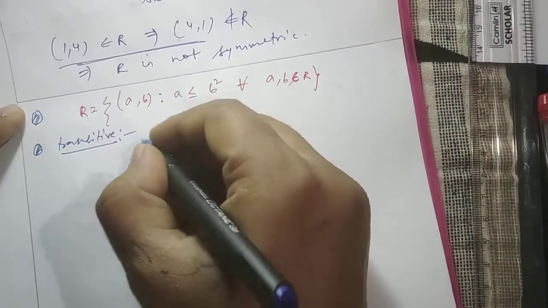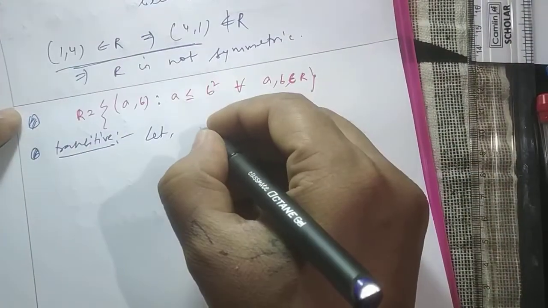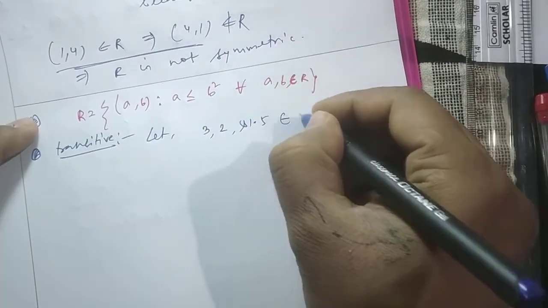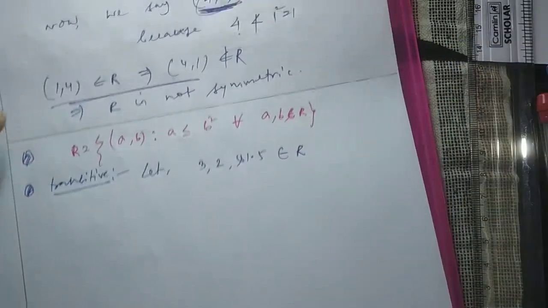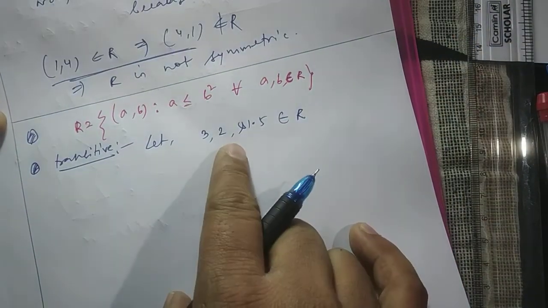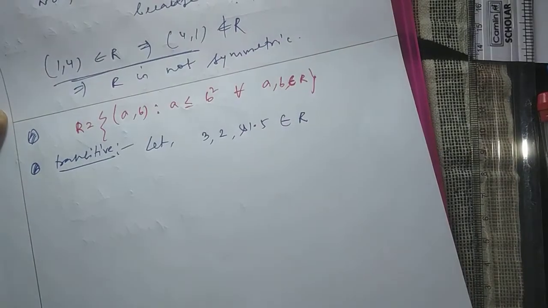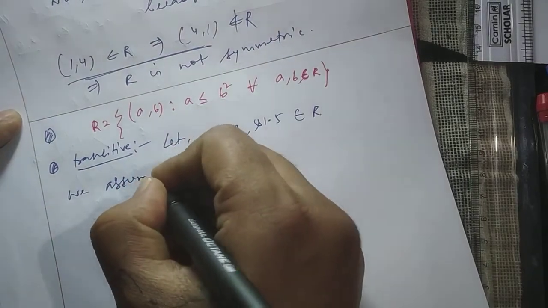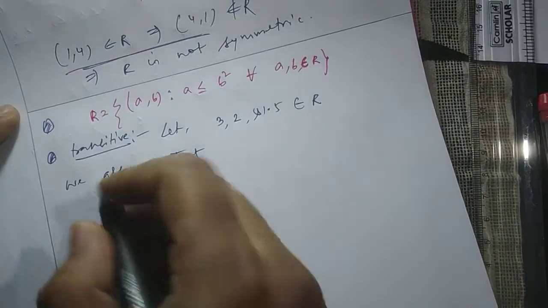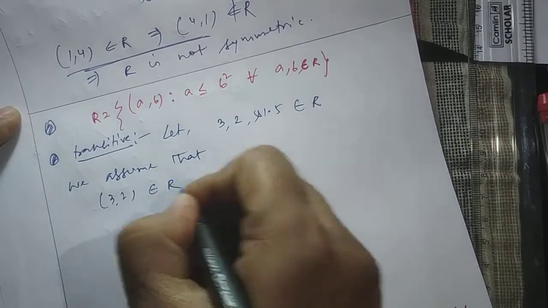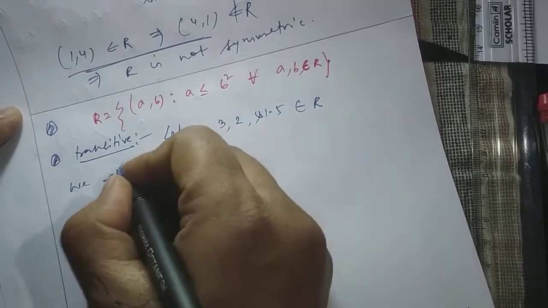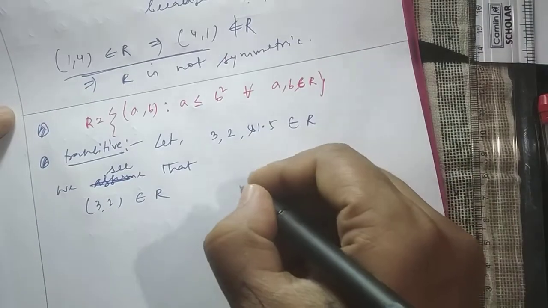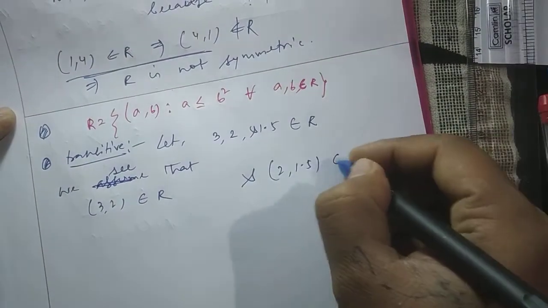So for this purpose let us pick up 3 distinct elements, 3, 2 and 1.5 from the given real number set R. At the same time we see that 3, 2 belongs to R and also 2, 1.5 belongs to R.